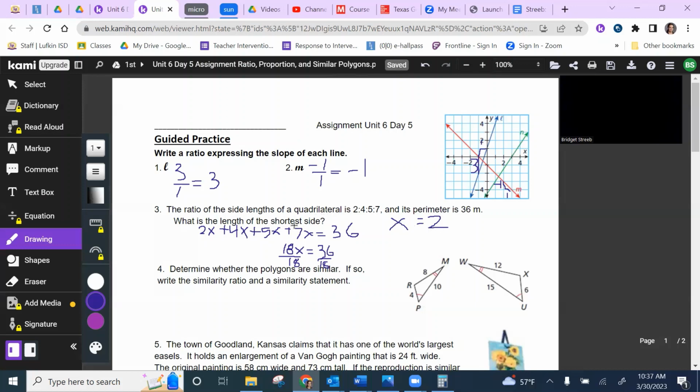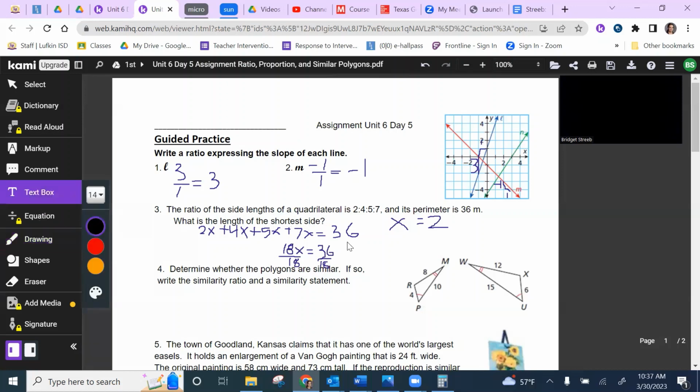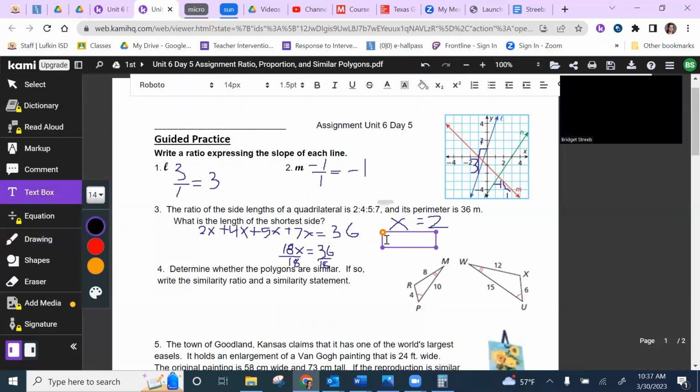So now we're not finished. It asked us for the shortest side. So shortest side means the smallest number, which was the 2x. So 2x, so 2 times 2, which is 4 meters.